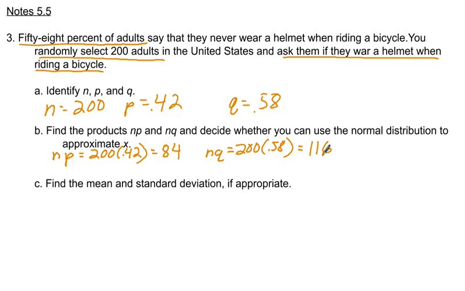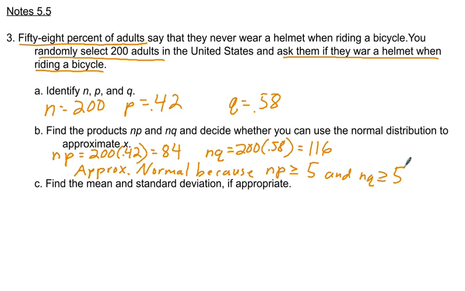So we can use the normal approximation, or we can say that this distribution is approximately normal because NP is greater than or equal to 5 and NQ is greater than or equal to 5.